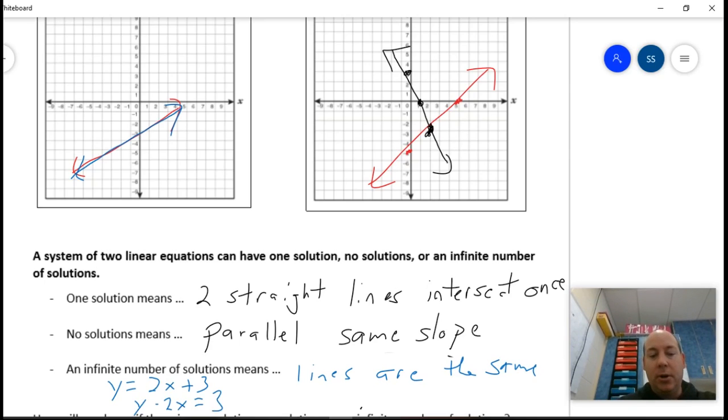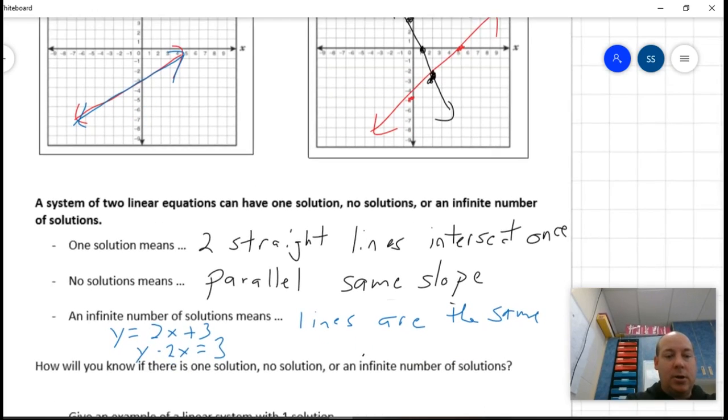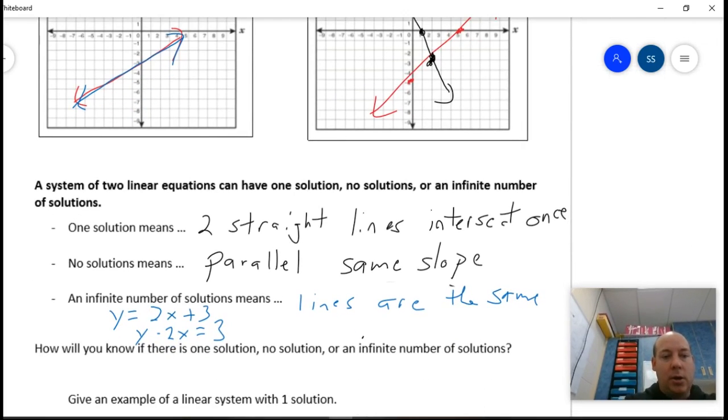They look a little bit different, but if I take the 2x and move it to the right with addition, I'd end up being the exact same. So an infinite number of solutions just means it's the exact same equation. Sometimes you'll see equations in different forms that look different, but when you rewrite them into slope-intercept form, they're the exact same.